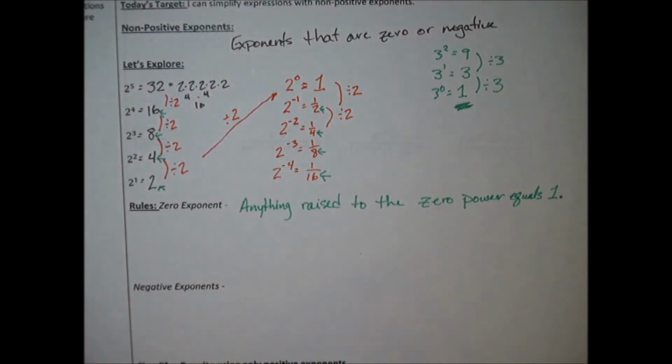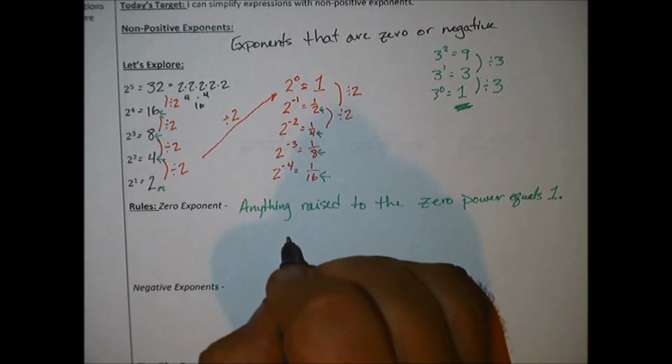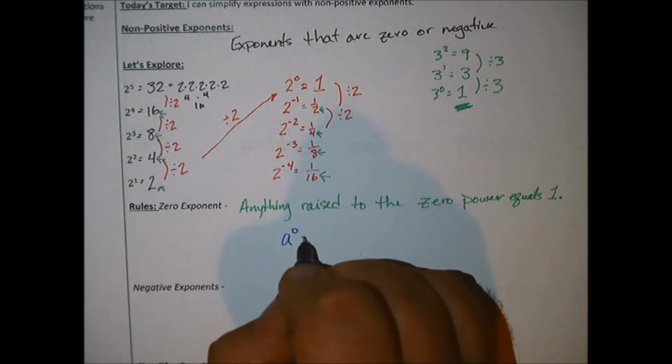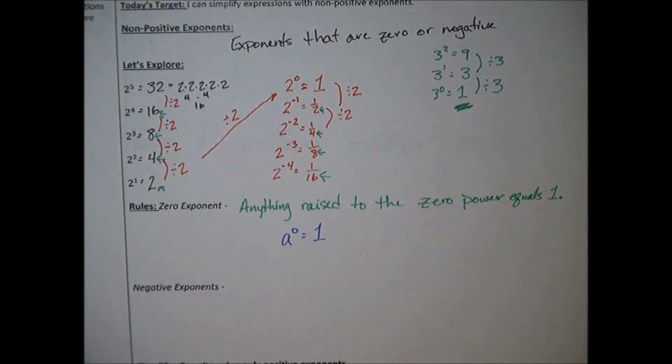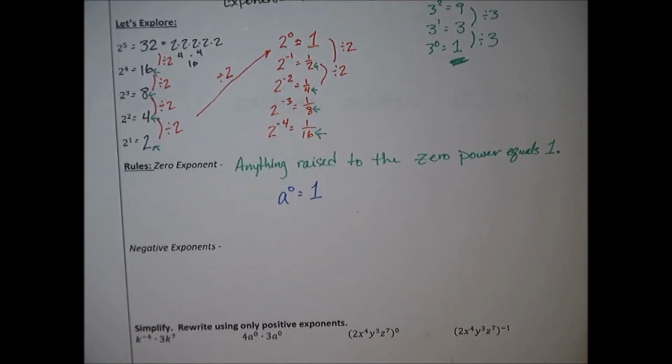In mathy writing, that would be a to the 0 equals 1. No matter what a is, if that thing is raised to the 0, you're going to get 1 as your answer.